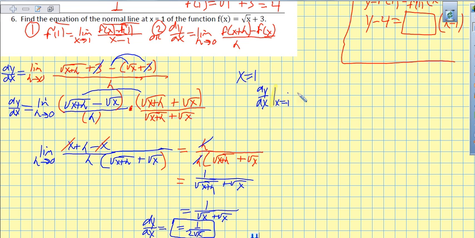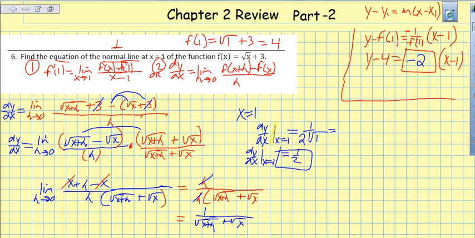So it's just a new notation for you to look at. So we have 1 over 2 square root of 1, which is equal to 1/2. So the derivative of this function when x equals 1 is equal to 1/2. So you just simply plug in the opposite reciprocal of -2 up here, and you're good to go.